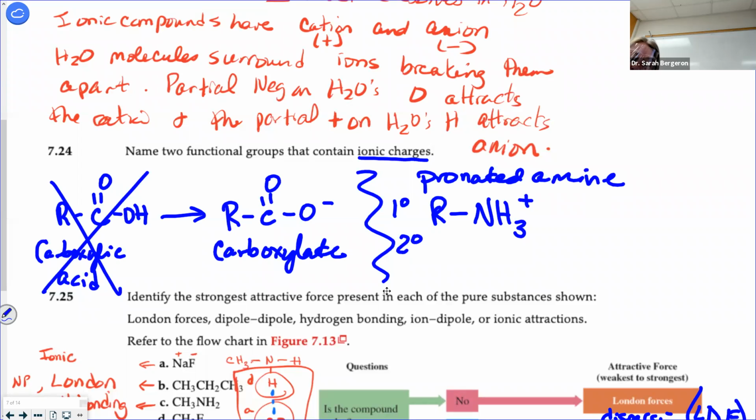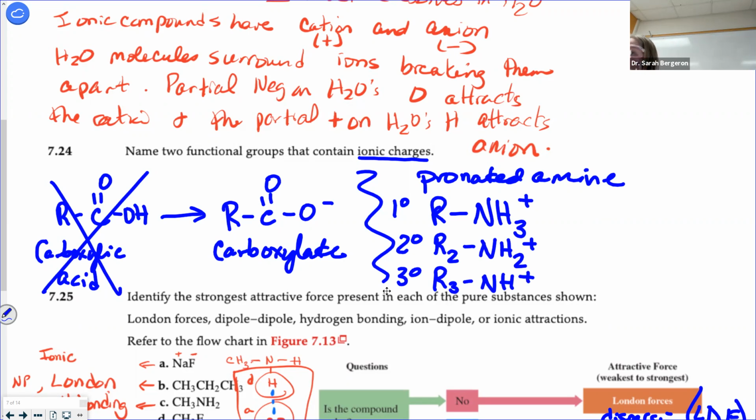A secondary amine would have how many R groups? 2. So then I'd have a nitrogen and then I'd have 1 less hydrogen and it would be positively charged. If I had a tertiary amine, I would have how many R groups? 3. I would have a nitrogen with 1 hydrogen and it would be protonated. It's a protonated amine.